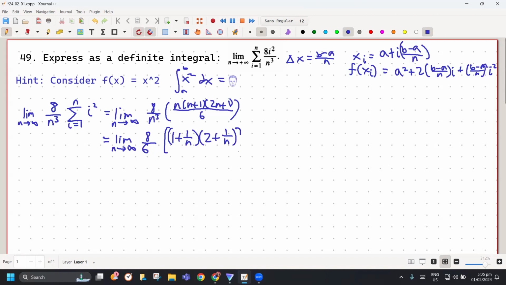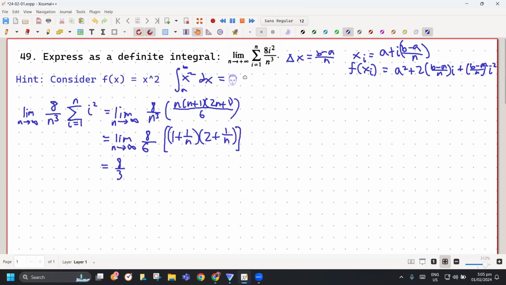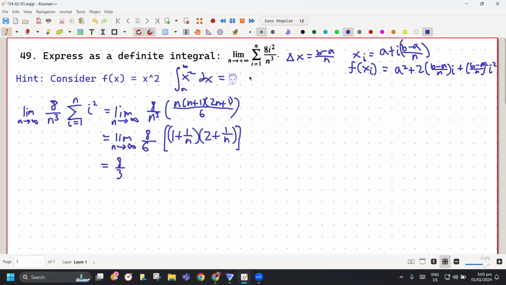And then, in the limit, magiging 1, 2. So, 8 over 6 times 2, 8 over 3. So, 8 over 3 din. So, that means yung integral natin na x squared dx, pag in-evaluate natin from 0 to 2, gives us the same answer. So, reasonable. Tama nga yung identification natin.